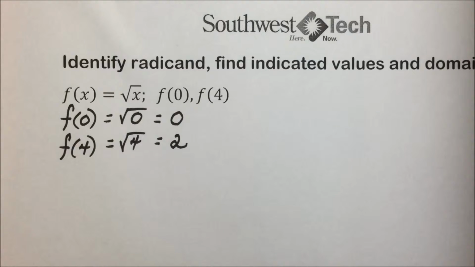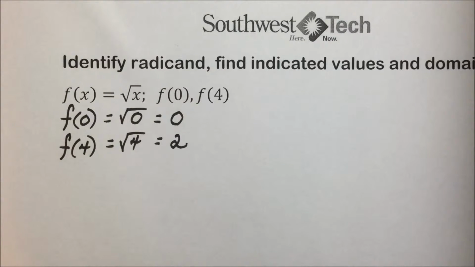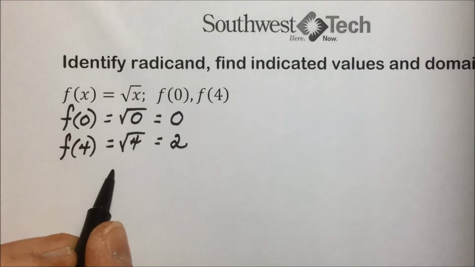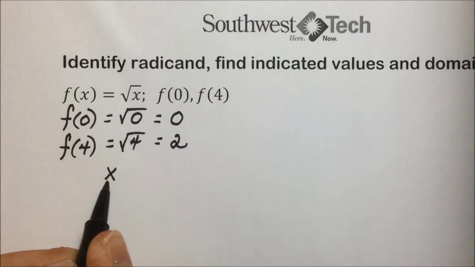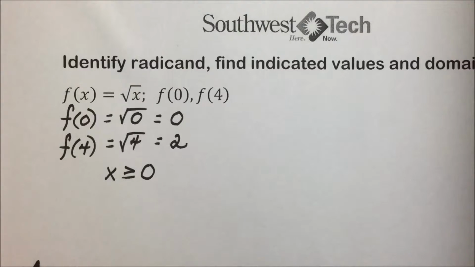The last part of this is to indicate what the domain is. We have restrictions on the domain when the variable is in the denominator or underneath a radical, and that is the case here. We can only take square roots of non-negative numbers, so our domain, in other words, the value of x, has to be greater than or equal to 0.